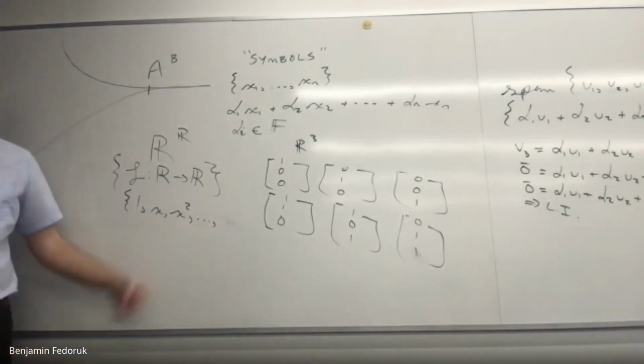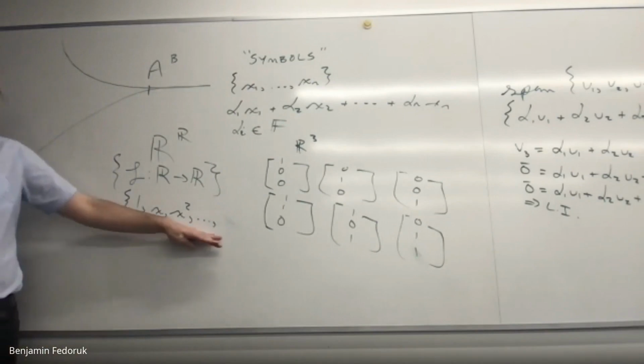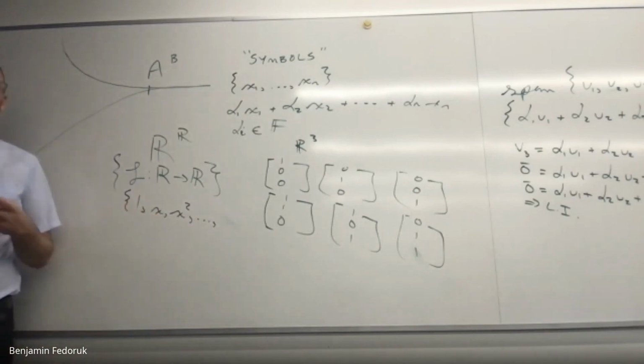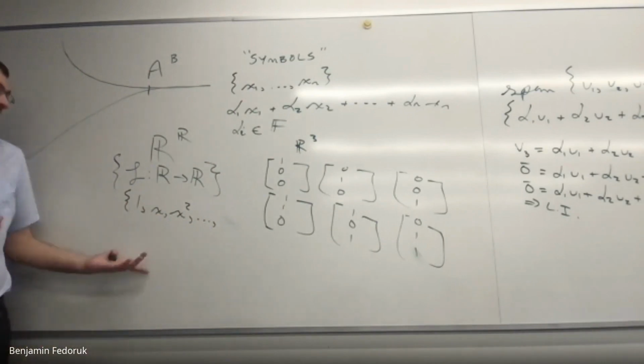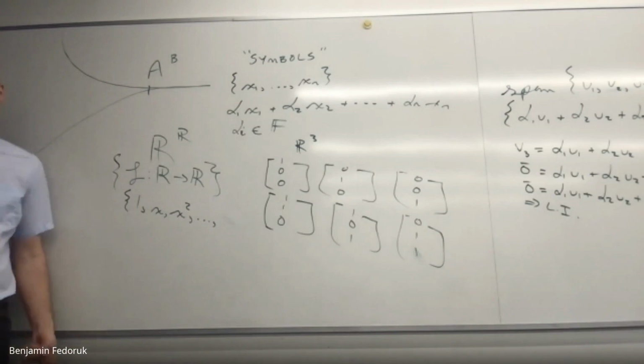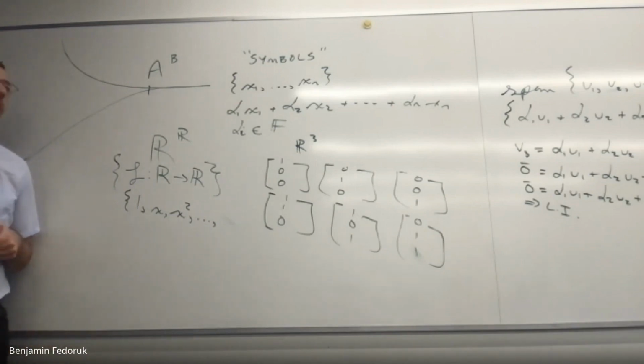So you have infinitely many basis vectors, and that's only dealing with the polynomials. When we start talking about cosine and sine and exponential and rational functions, this is going to get huge, right? It has infinitely many functions in its basis. So it's an infinite dimensional space. Does that make sense? Cool.